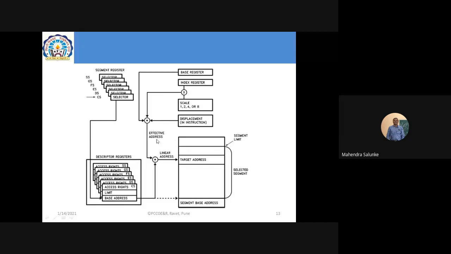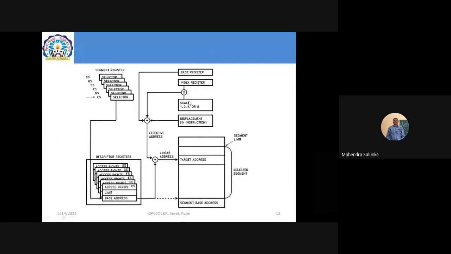This effective address and the base address of my segment will be added by the memory management unit to generate this linear address, and this linear address will be used to access the individual location. All right. So in this diagram, you can easily understand how effective address is calculated with the base register, index register, displacement and scaling factor.